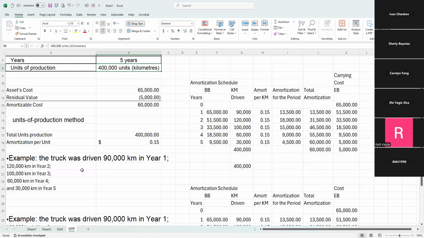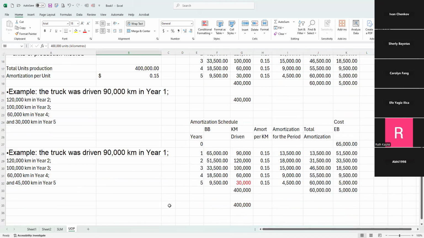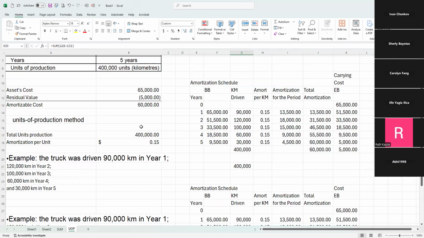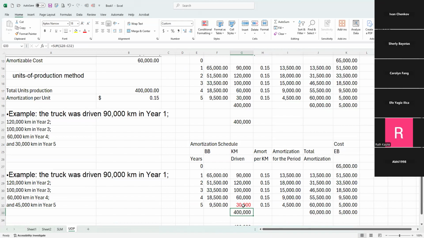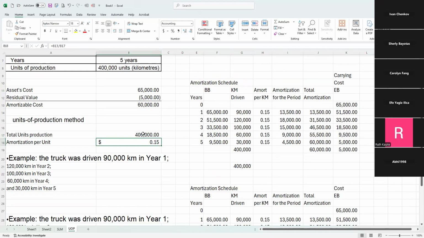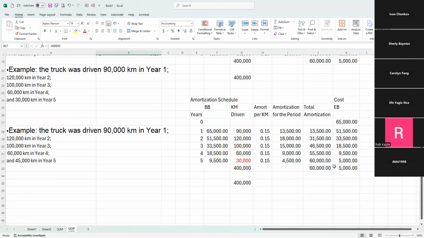If the actual usage is more than the estimated number, the last year is adjusted to match the number on which you're making the calculations. Don't go any higher because that's going to change the entire calculation here. That was units of production. Now the last one left is double declining. Any questions on the units of production?